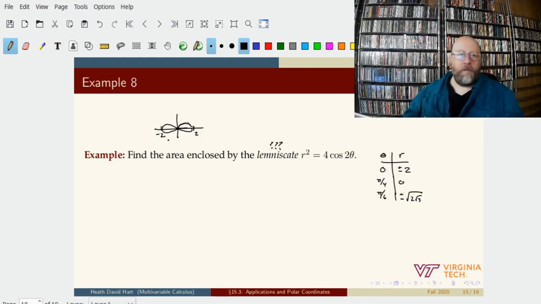Well, if we want to find the area enclosed by the lemniscate, we can just look at this area and multiply by 4. Total area equals 4 times the first quadrant.